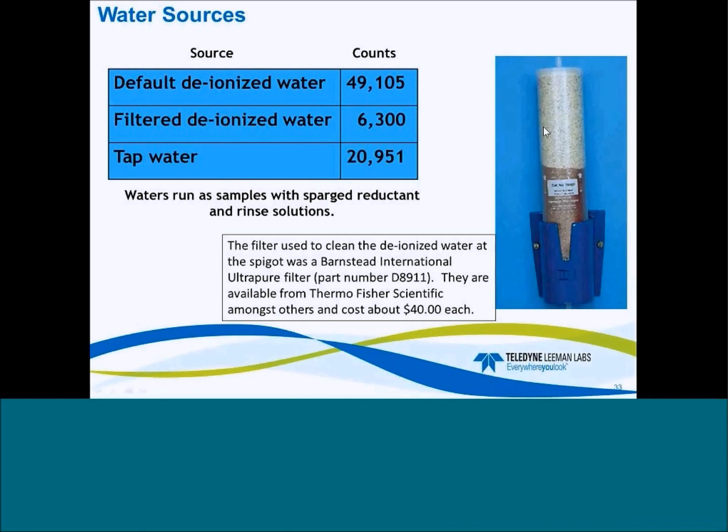We put at the tap this polishing filter. It's a Barnstead ultra pure filter, part number D8911, and that dropped the contamination in the deionized water almost tenfold. So it's something worth considering.